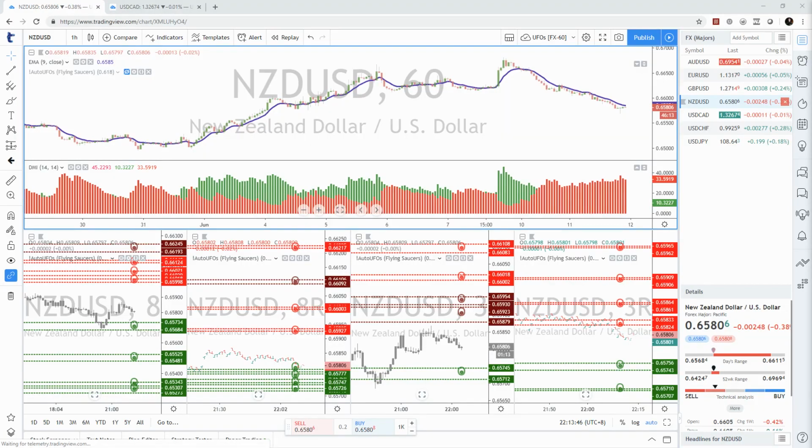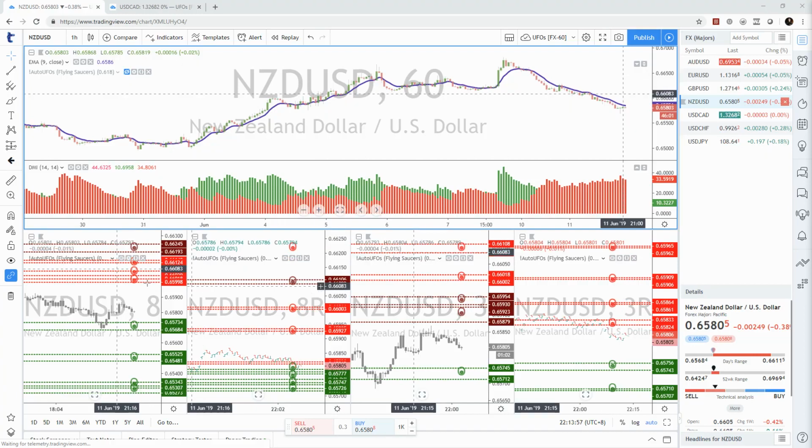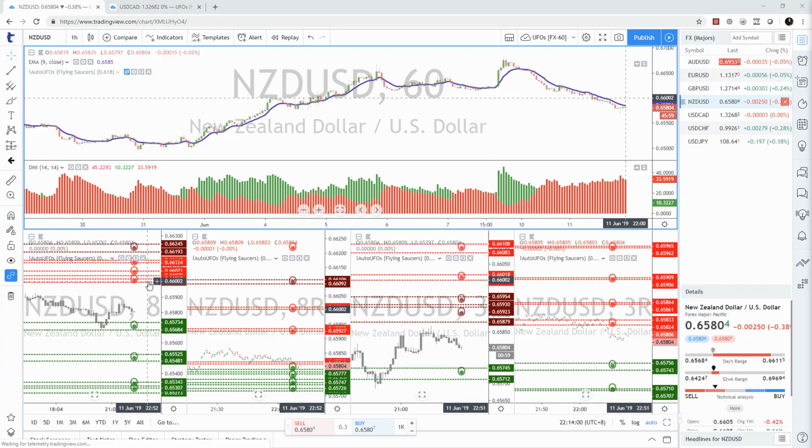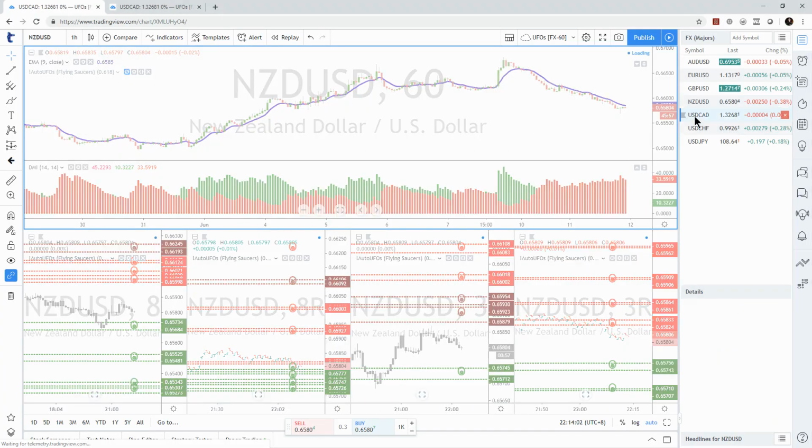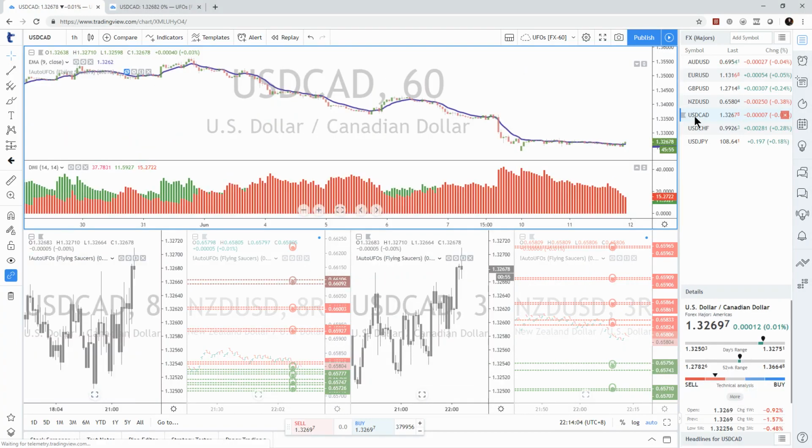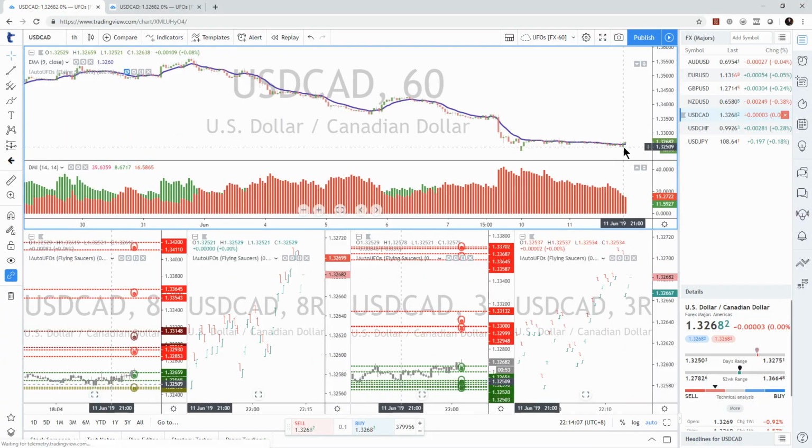What about the Swiss franc, USD, CHF? So we have an uptrend, average 99.19, but the UFO is 99.03, 99.19 is up here, so not lining up. So we'll go for the yen, US dollar yen.